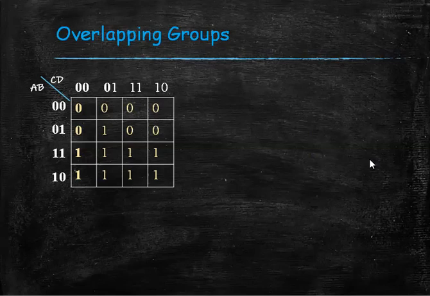Consider this map. Here there are 9 ones. We have a rule to form a group as large as possible, so we can obtain an octet from here.